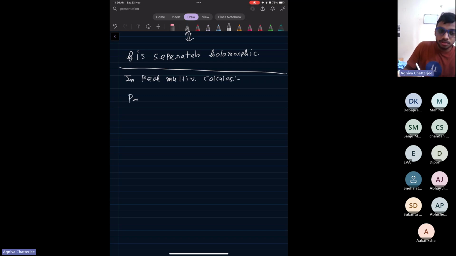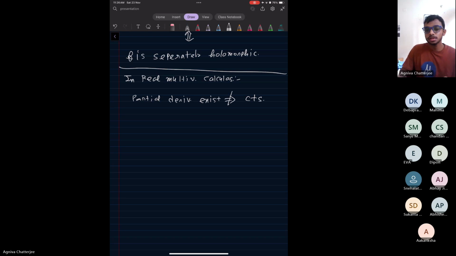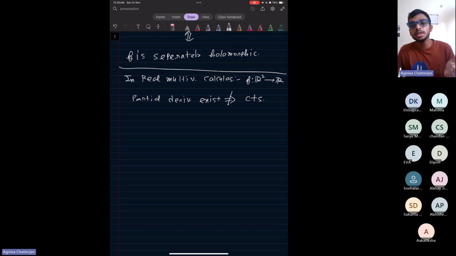In real multivariable calculus, the existence of partial derivatives does not even imply continuity. The function is defined from R2 to R. All the partial derivatives existing does not even imply continuity.